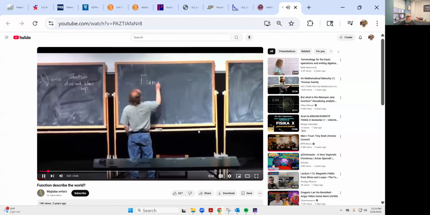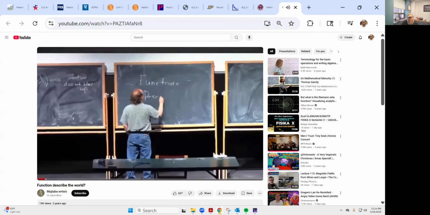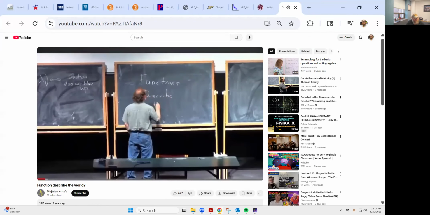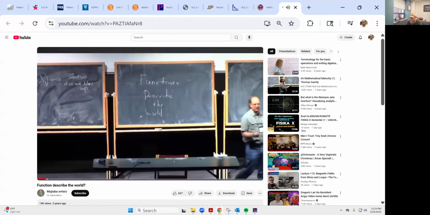Functions describe the world. Everything is described by functions. The sound of my voice on your eardrum, function. The light that's hitting your eyeballs right now, function.